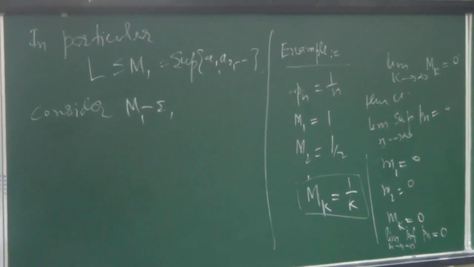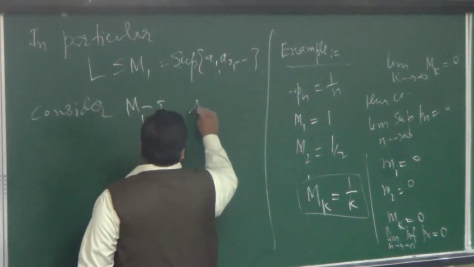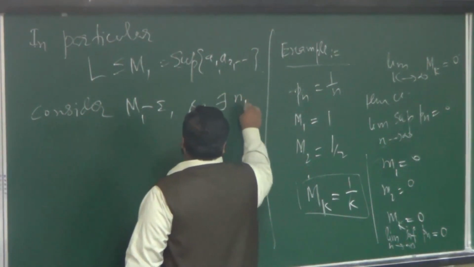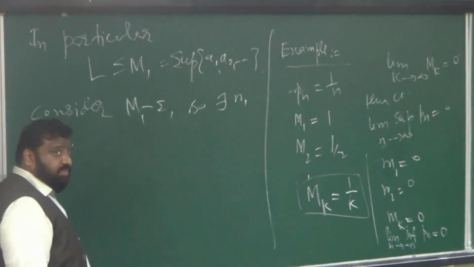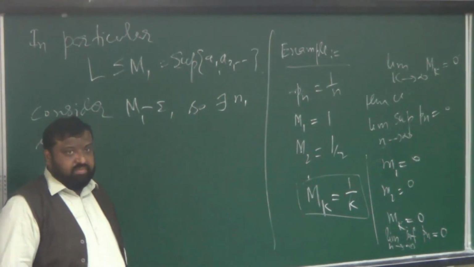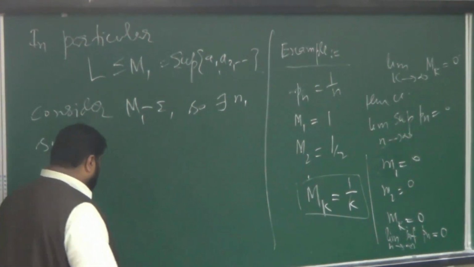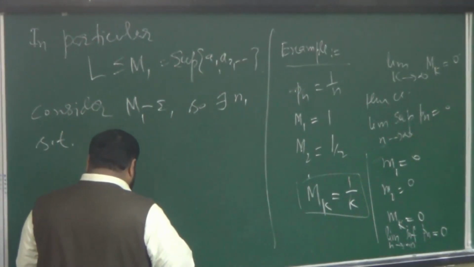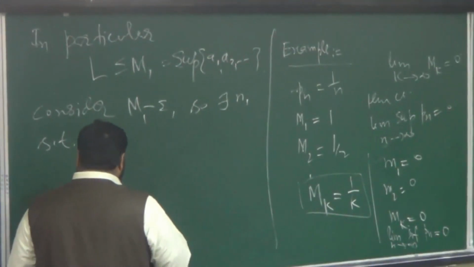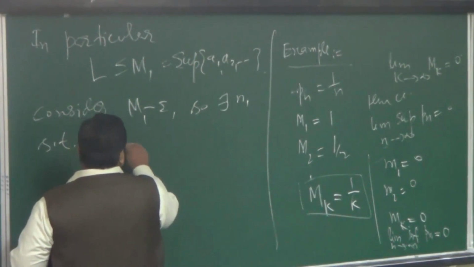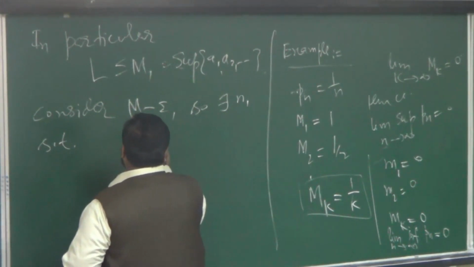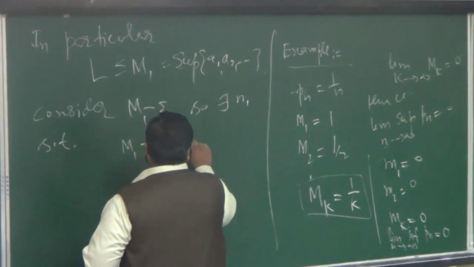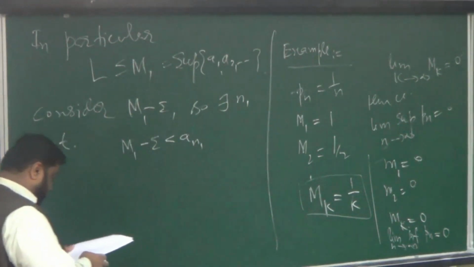Since M1 is a supremum, there exists an index n1 such that M1 minus epsilon is less than A n1.